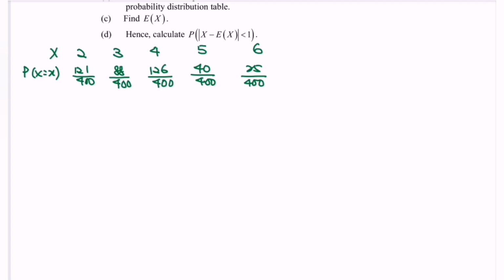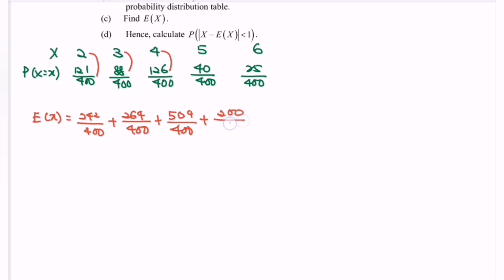We have the EX. So in order to find the EX, so what we have to do is to multiply the X and the probability. So in here, we will have 242 over 400 plus, if we multiply the situation, we will have 264 over 400 plus, if we multiply, we have 504 over 400 plus, we have 200 over 400 plus, we have 150 over 400.